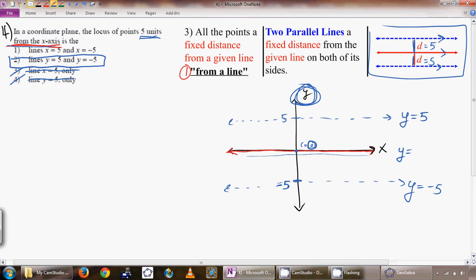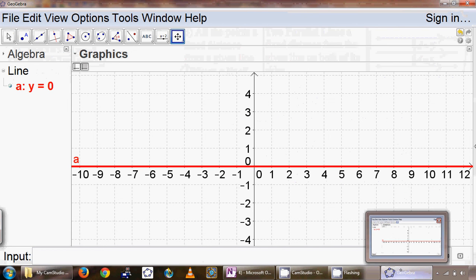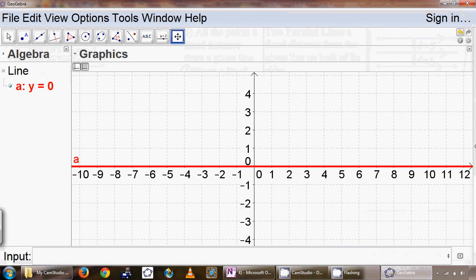So the x-axis is the line y equals 0. And if you don't believe me, take a look at this graph. Here's the equation, y equals 0, and then it's graphed in red, and you can see that's the x-axis.